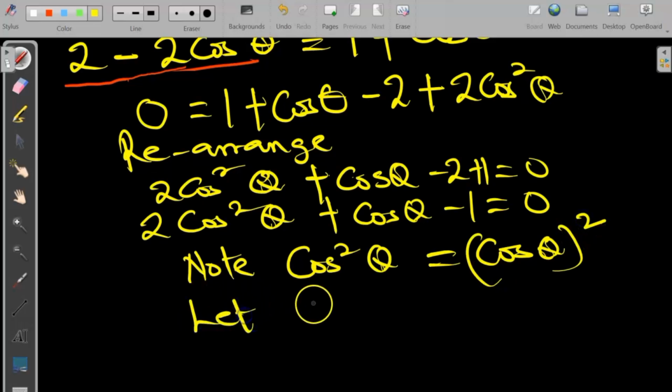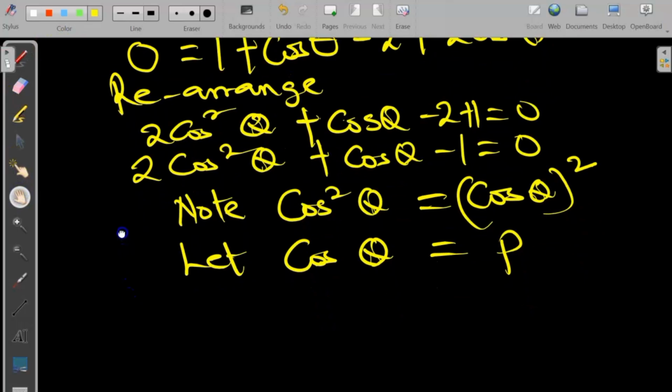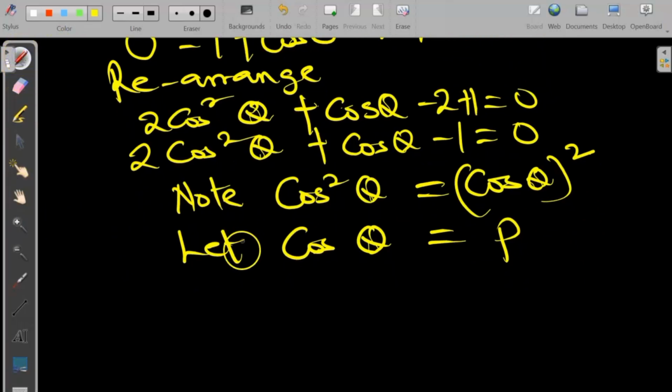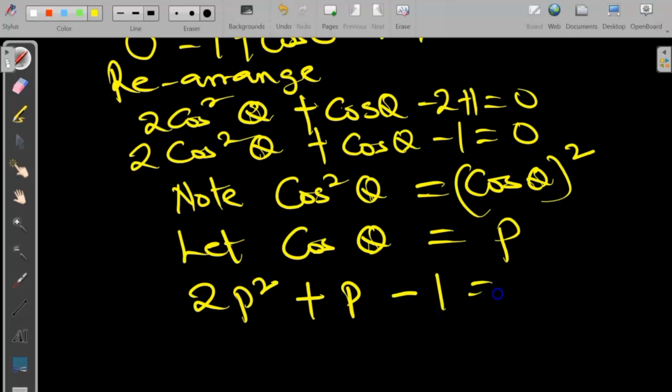So let cos theta be equal to P. Then 2 cos squared theta will now be 2P squared plus cos theta is P minus 1 equal to 0. Now we have a quadratic equation.